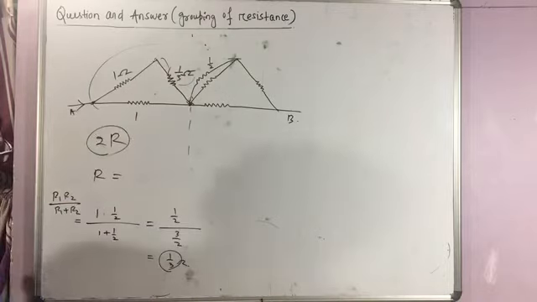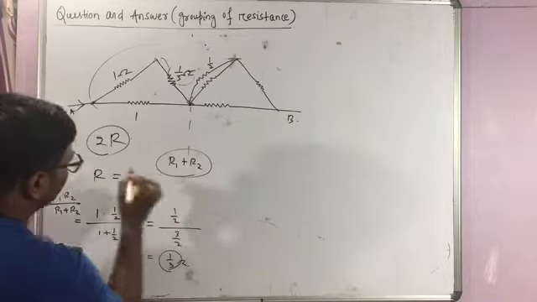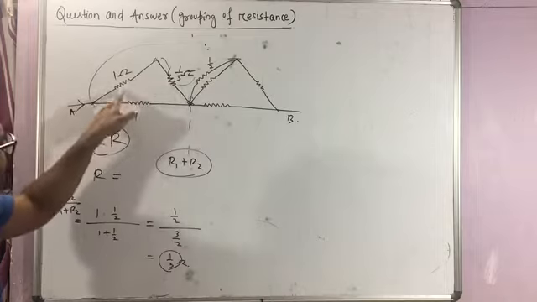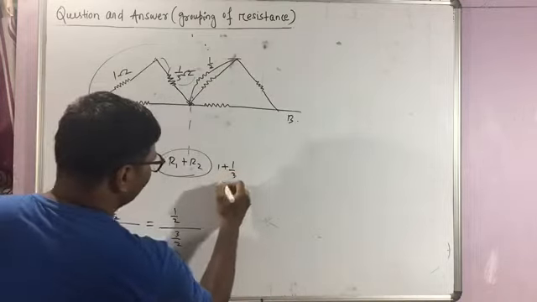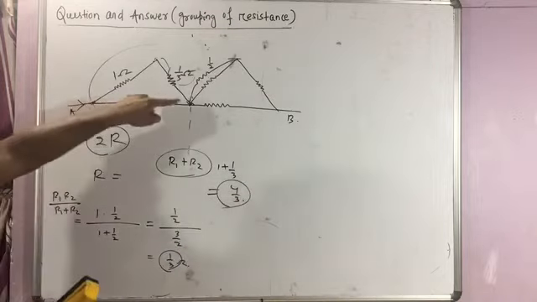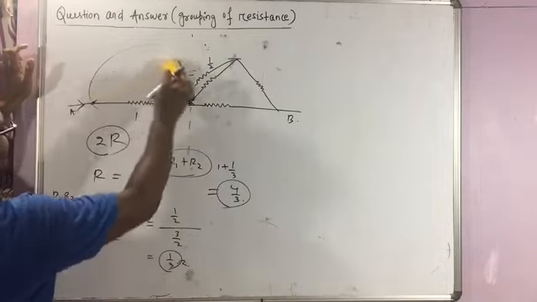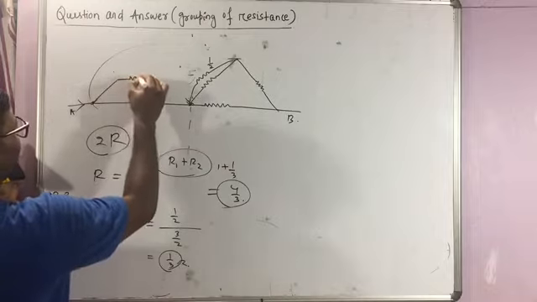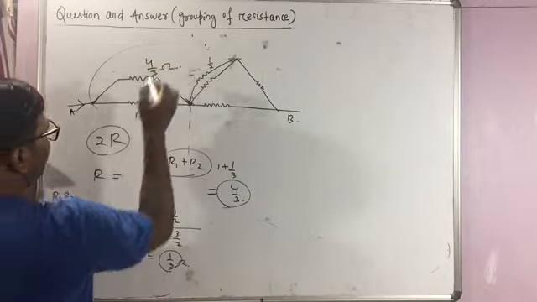So the effective resistance in a series circuit would be R1 plus R2, which is 1 plus 1 by 3, which is 4 by 3. It means we can replace these 2 by a single resistance, and in this case the resistance will be 4 by 3 ohm.